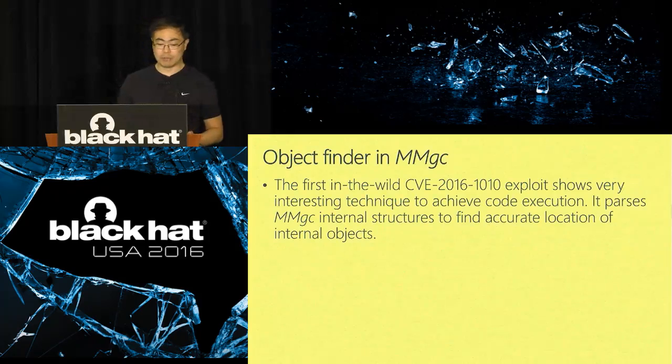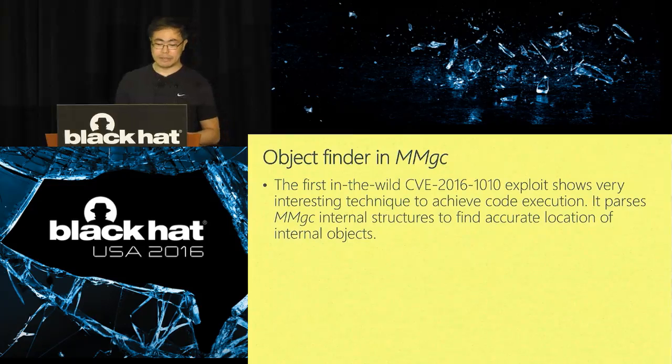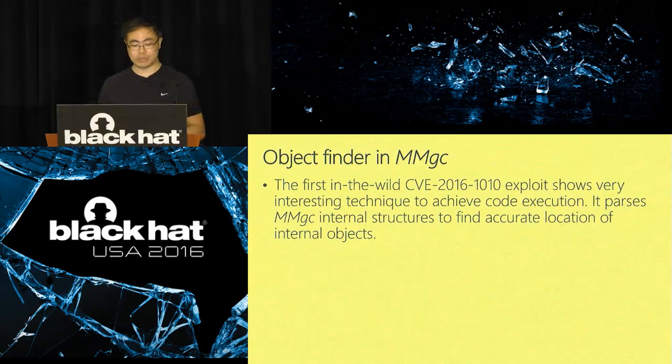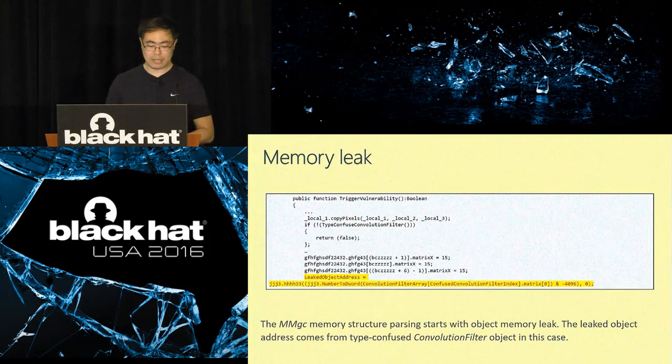We observed a full-blown object finder for MMgc. The first in-the-wild CVE-2016-1010 exploit showed a very interesting technique, parsing the whole MMgc internal structures. We are going to talk about how they wrote it and how it works.